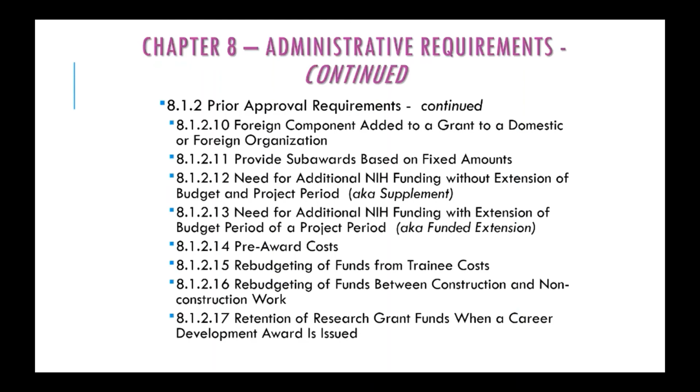So you may not remember those, but things like change of scope, you should remember in every instance. And look at this section and familiarize yourself with the kinds of things that are going to require prior approval.